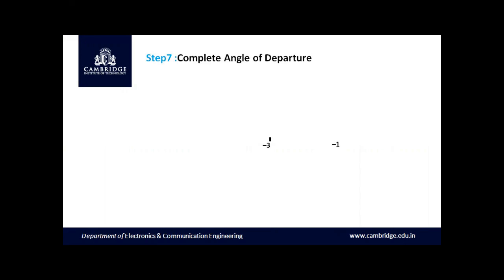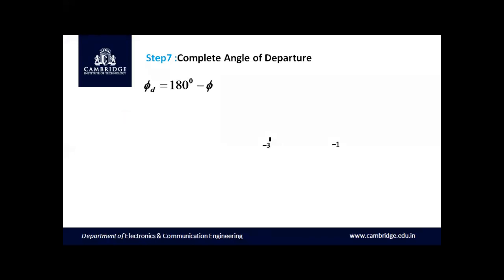As we have a complex conjugate pole, we are supposed to calculate the angle of departure. That is the angle at which the poles try to depart when k ranges from 0 to infinity.